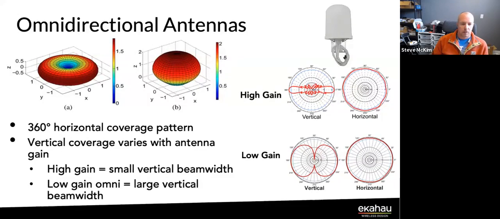So you might go from a low gain antenna with, say, a 90-degree vertical beam width on an omni, which is quite a lot, to a higher gain one down in the neighborhood of, say, 15 or 20 degrees vertically. In the wireless ISP space, you might get an omni that's a 15 or 17 dBi omni that has a 2 or 3 degree vertical beam width. So that's what you're looking at.